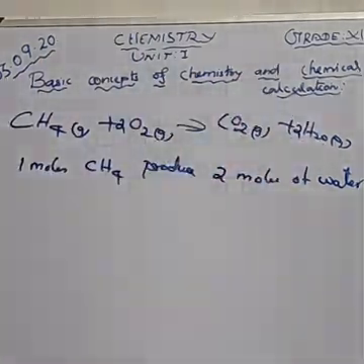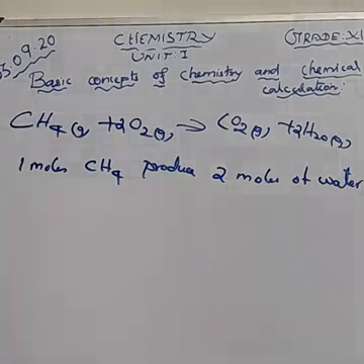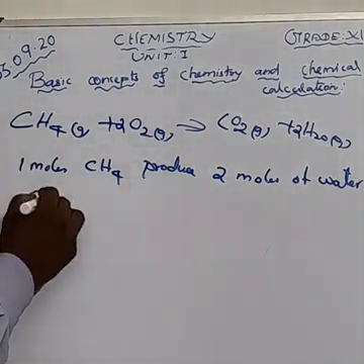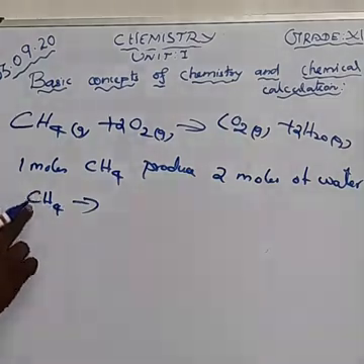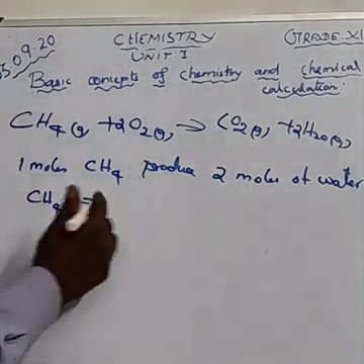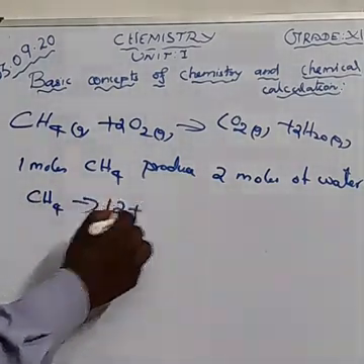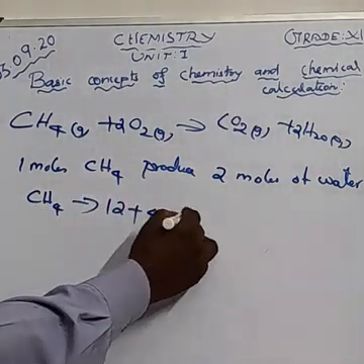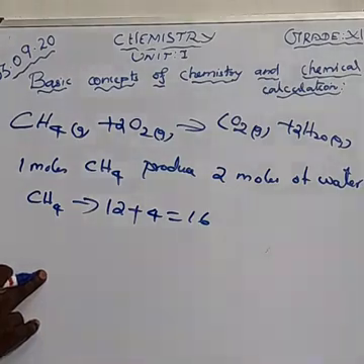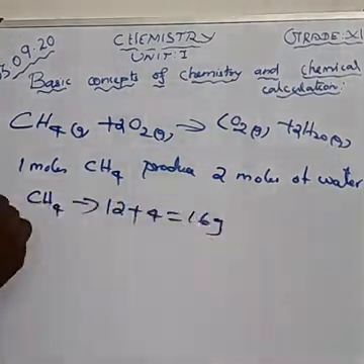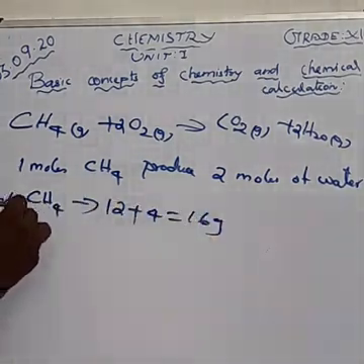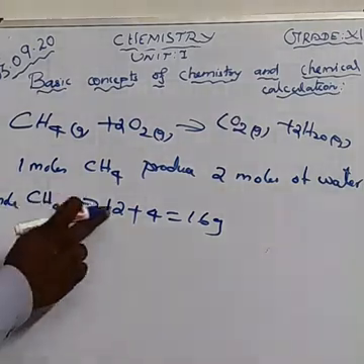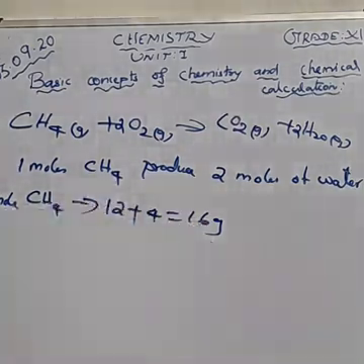Here, first you find out 1 mole of methane is equal to how much? Carbon, atomic mass 12, plus hydrogen 4, is equal to 16. So 1 mole of methane is 12 plus 4, 16 gram.